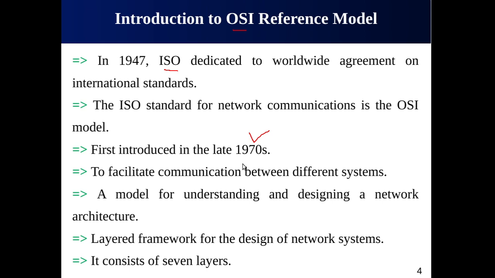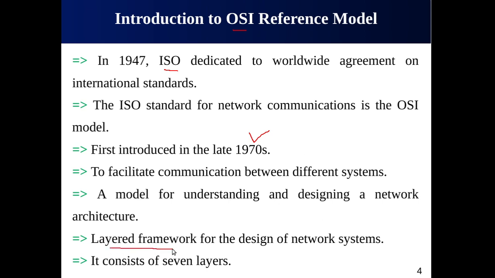This OSI model is not a single protocol. It is a model for understanding and designing a network architecture. It was intended to be the basis for the creation of the protocols in the OSI stack. Like the TCP/IP model that we have studied, the OSI model is a layered framework.